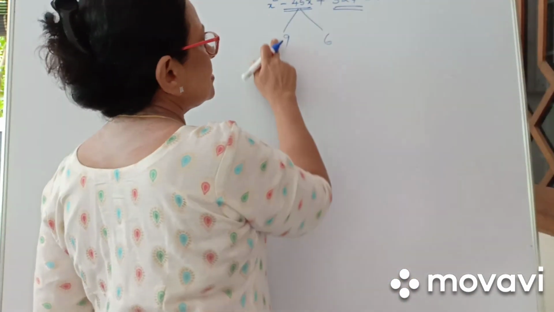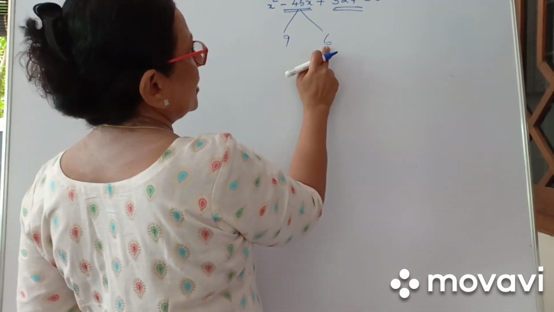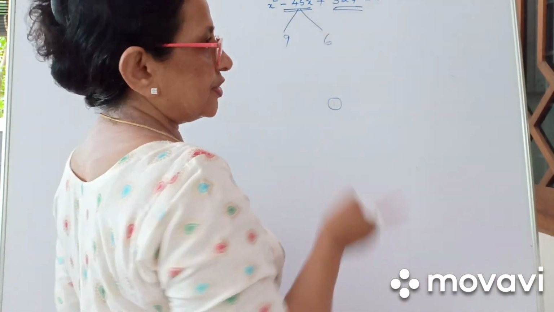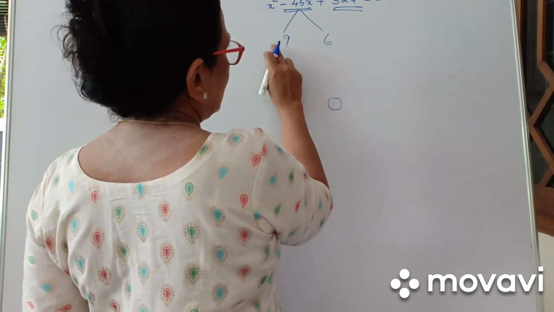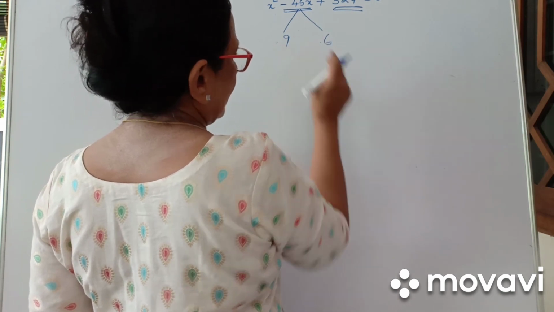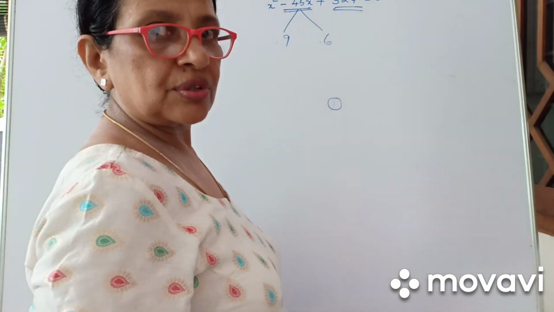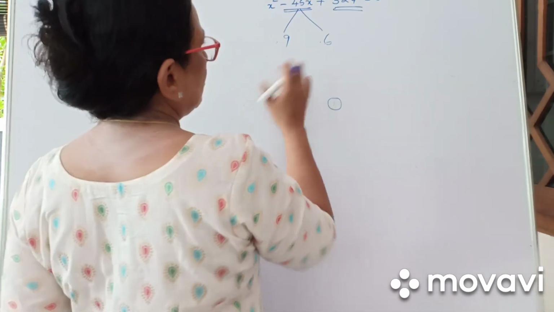Now you have to find this number. These two numbers, 6 plus 9, will give you 15: 5, remainder 1. So with remainder 1, the numbers you have here and here, when you add these two and that remainder 1, you have to get 4. Understood what I said? So you can put it either way. Look what I am doing.